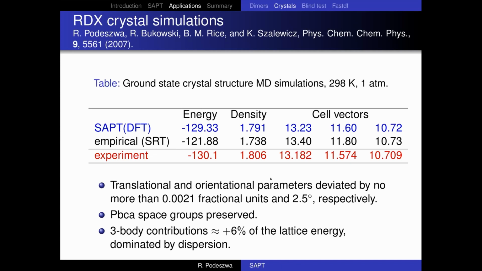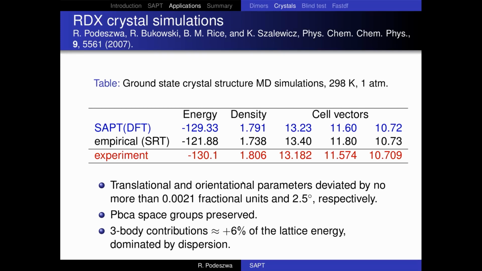The only caveat is that we were a bit lucky. We estimated that there are some fairly significant three-body contributions. We didn't calculate them correctly. It's just an estimate. We didn't include them in the development of this potential. So basically the agreement between this and the experiment was slightly better than it should have been.